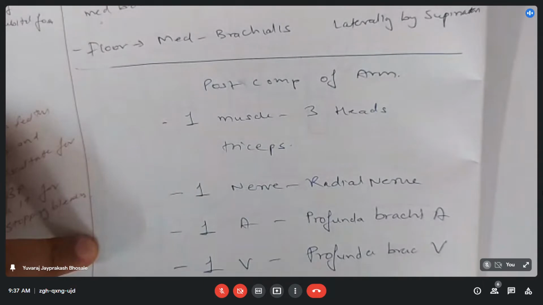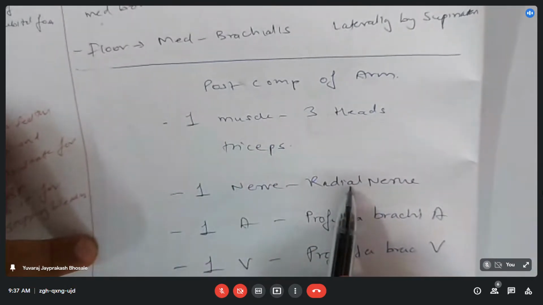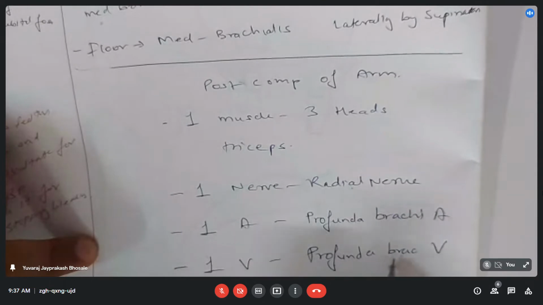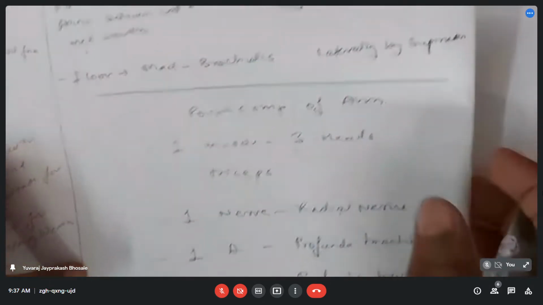So one muscle, one nerve, one artery, one vein. This you will not see in any other compartment of the upper or the lower limb. Triceps muscle, radial nerve, profunda brachii artery, and profunda brachii vein.